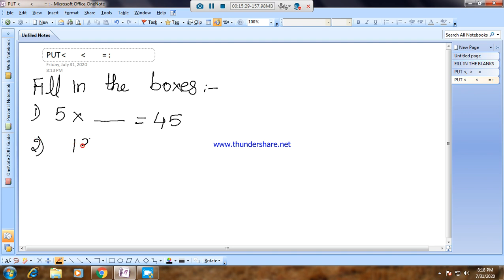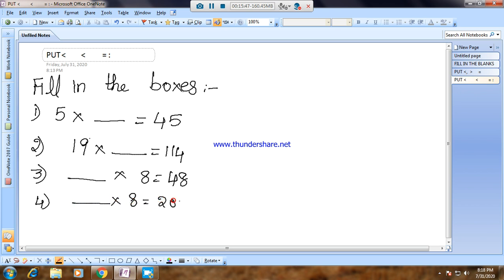Second one, 19 multiplied by something will give 114. Dash into 8 is equal to 48. Dash into 8 is equal to 200. Twelve multiplied by something is equal to 84. And the last one of this, dash into 7 is equal to 91. So these are the questions. Simple. We have to go for tables.